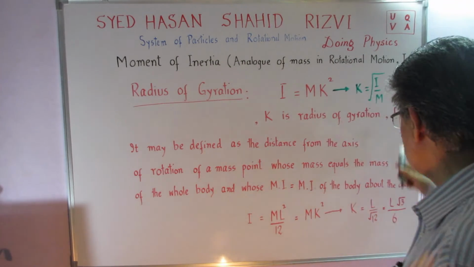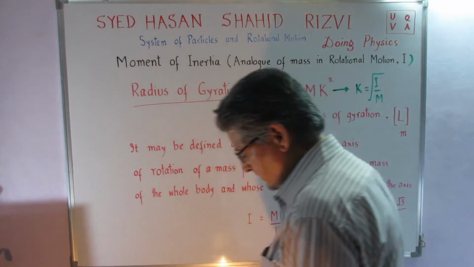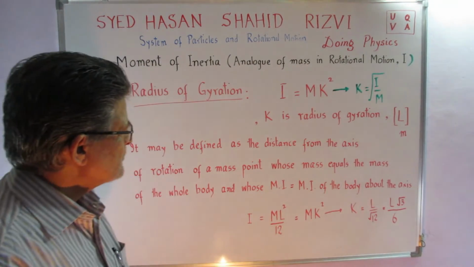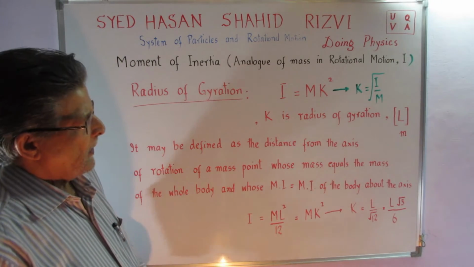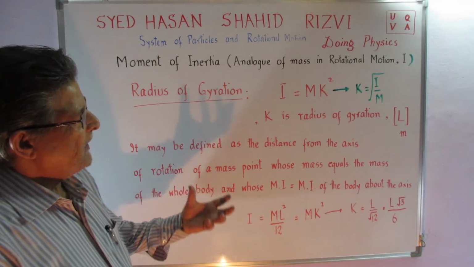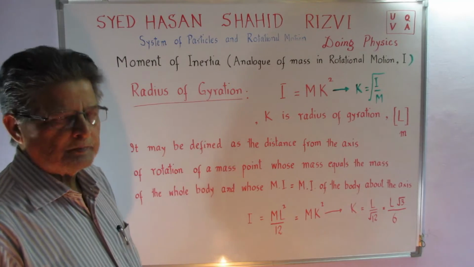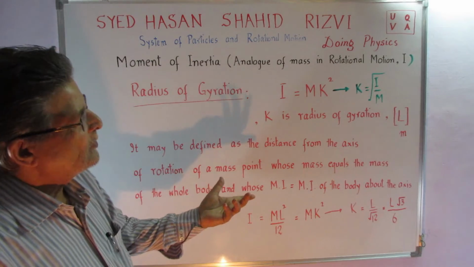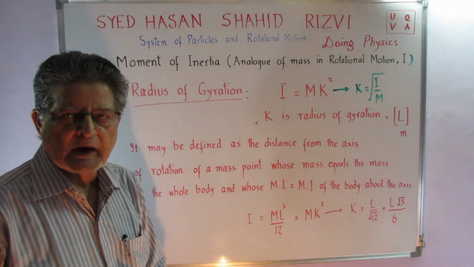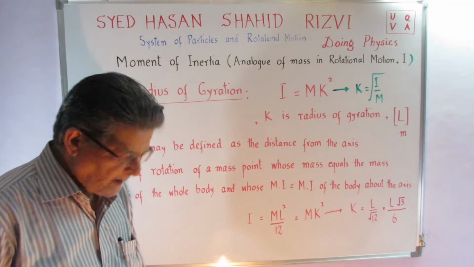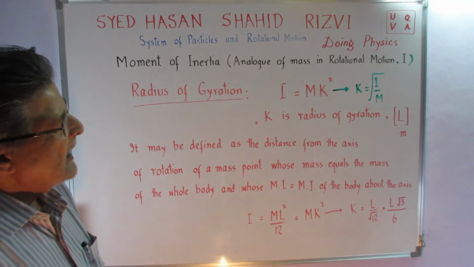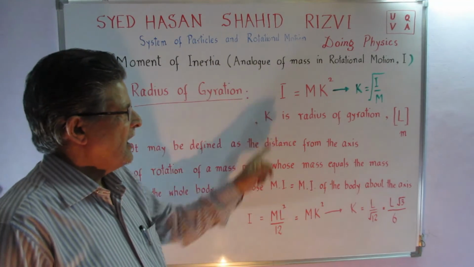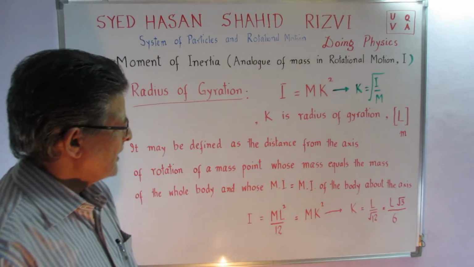Of course its unit is meter and its dimension is L. So we have a system in which we have a mass and there is a rotation, and we calculate or experimentally determine the moment of inertia of the system, and then in a simple manner we put it as I is equal to mk square.